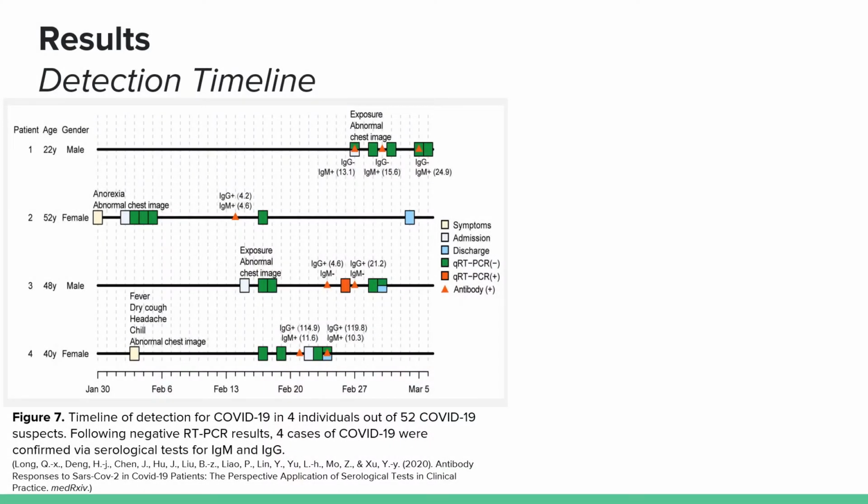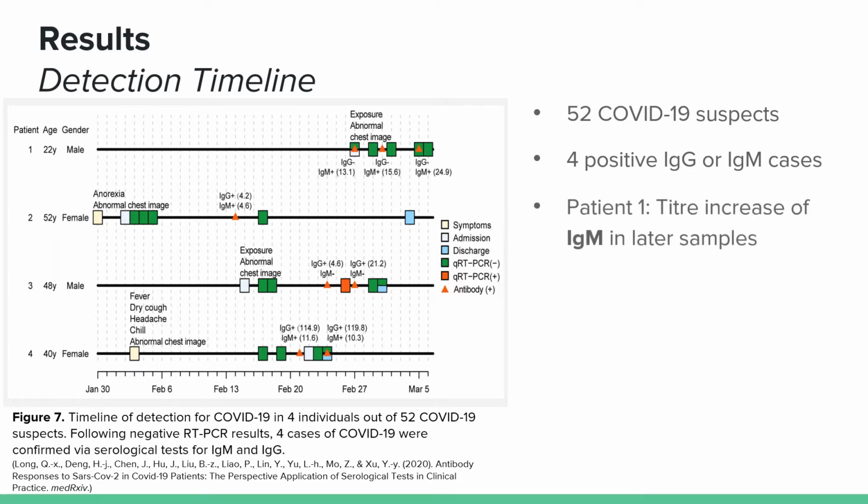In order to evaluate the effectiveness of serological tests in a COVID-19 diagnosis, 52 COVID-19 suspects with negative RT-PCR results were enrolled. Of the 52 cases, 4 patients showed positive IgG or IgM in their first samples. Patient 1 had an increase in titer of IgM in sequential samples.